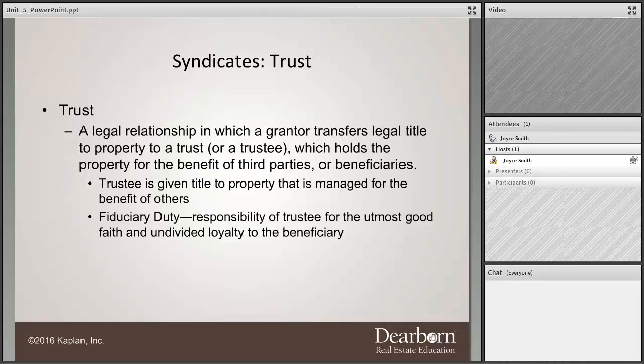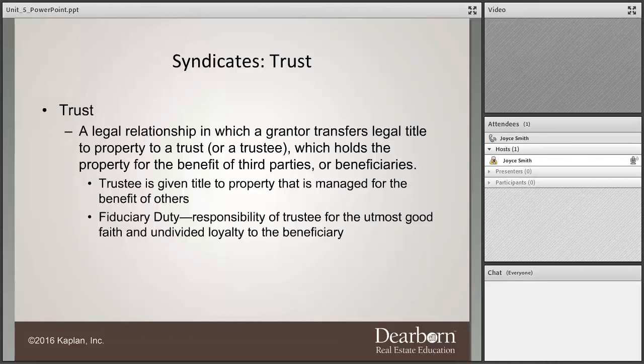We have trust syndicates. It's a legal relationship in which a grantor transfers legal title to a property to a trust, which holds the property for the benefit of third parties or beneficiaries. The trustee is given title of the property, which is managed for the benefit of others. The trustee has a fiduciary duty, responsibility of the utmost good faith and undivided loyalty to the beneficiary. Throughout real estate, you will hear this fiduciary duty.